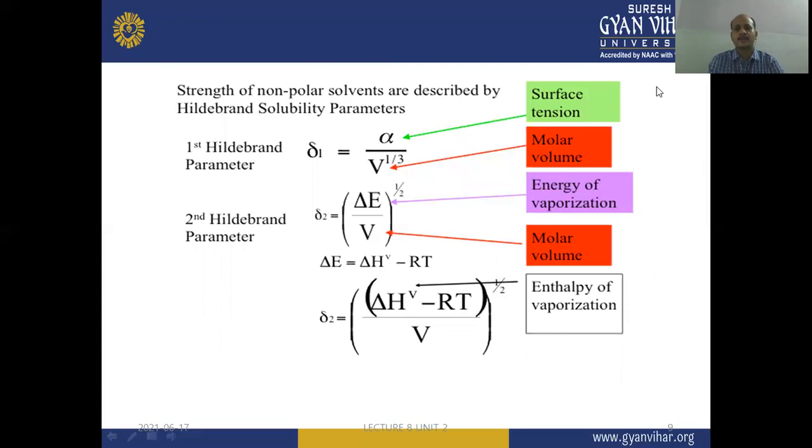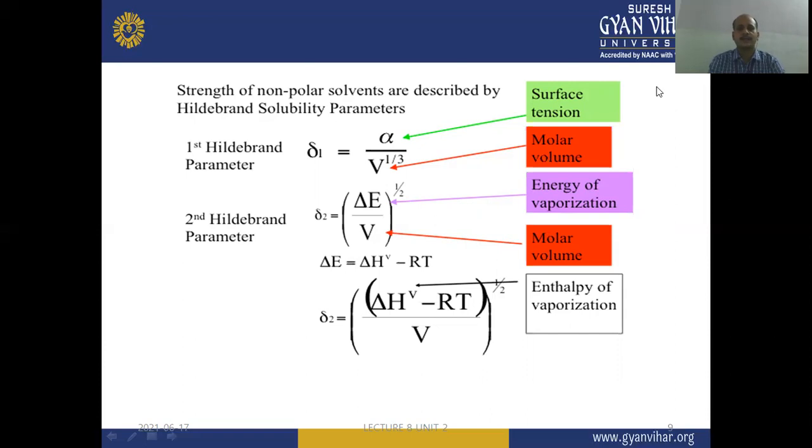Mathematically, the strength of non-polar solvents is described by Hildebrand solubility parameters. There are two types of parameters given. The first Hildebrand solubility parameter, denoted by delta 1, is equal to (alpha/V)^(1/3), where alpha is the surface tension of the compound and V is the molar volume.